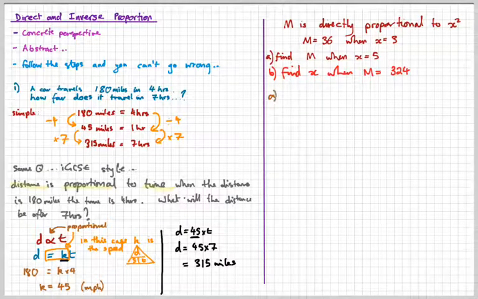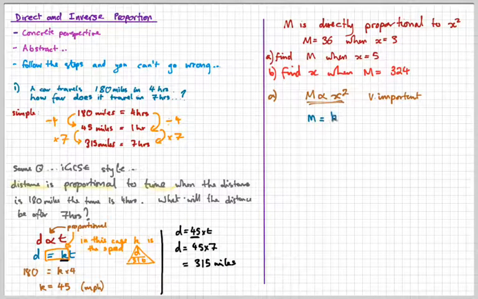So to start with, we're going to follow the method before. We know that m is proportional to x squared, so we write that. That's what that statement is turned into maths. Now we can rewrite the word proportional to as m is equal to k lots of x squared.